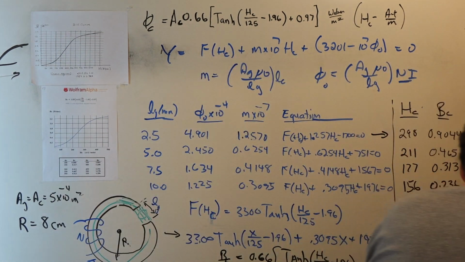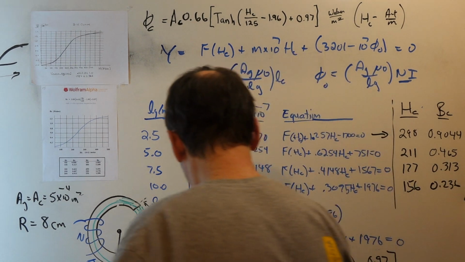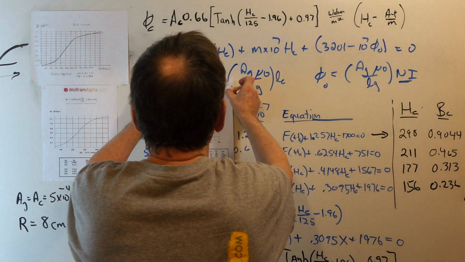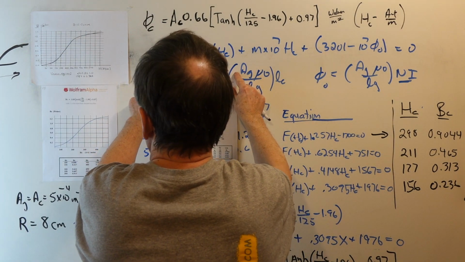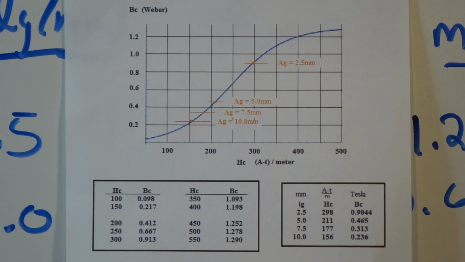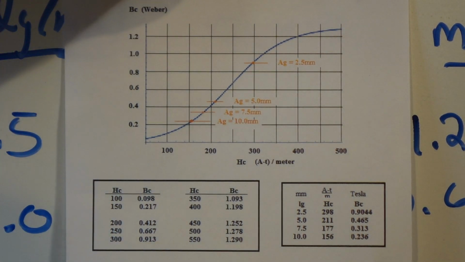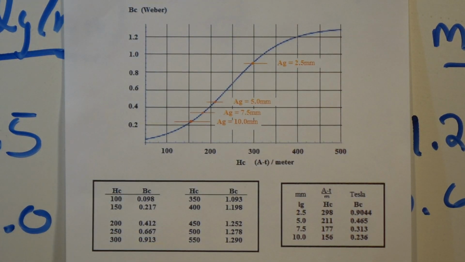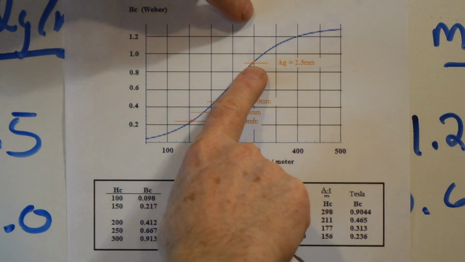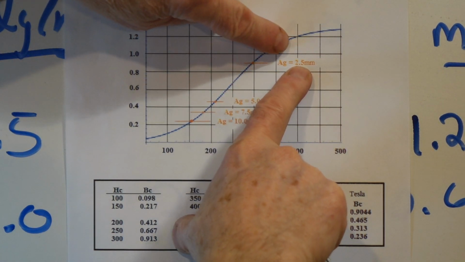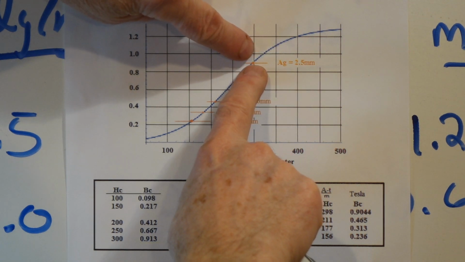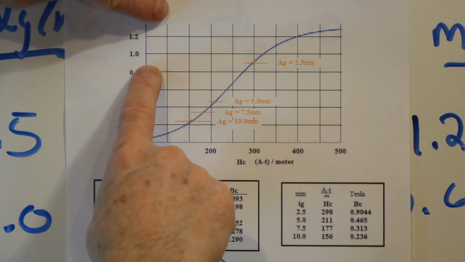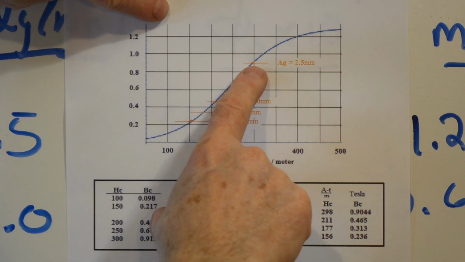Now, if we plot this out, we can see how the operating point changes as we change the gap width, or the gap length. Here is a gap of 2.5 millimeters, and here's our operating point. We have a B field in the core of about 0.91 Webers per square meter.